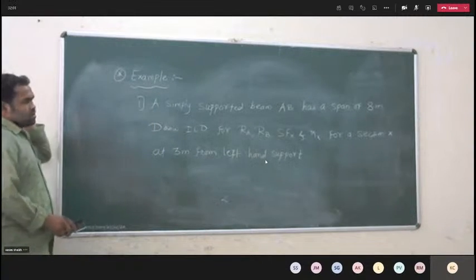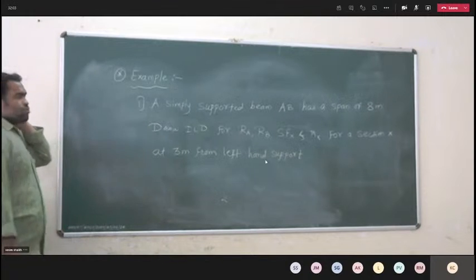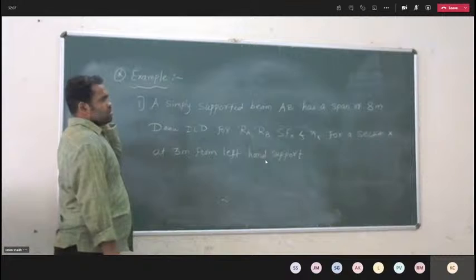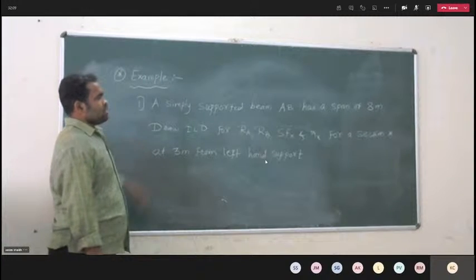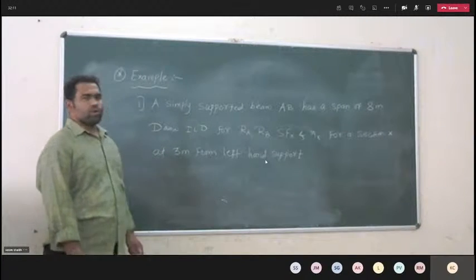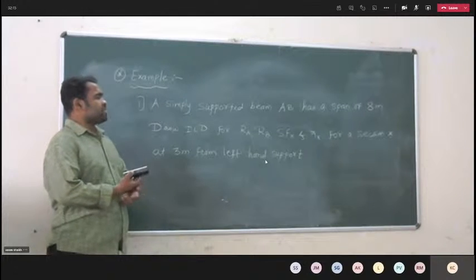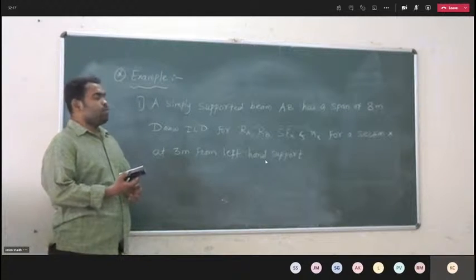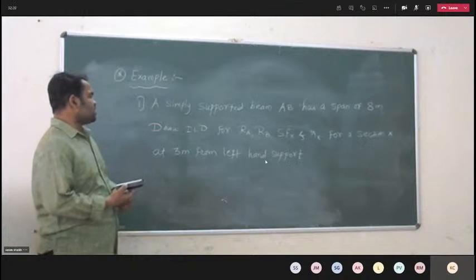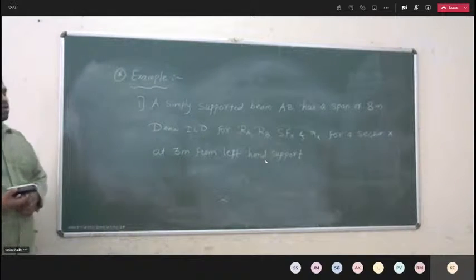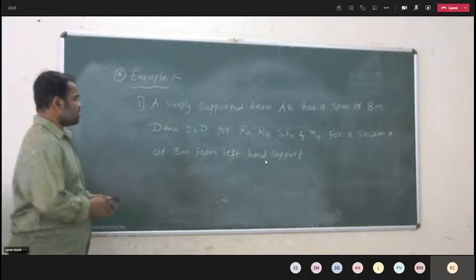Next numerical is a simply supported beam of span AB equal to 8 meters. We have to draw the ILD for RA, RB, shear force at X and moment at X for the section at 3 meters from left hand support, meaning X is equal to 3 meters, which is given, right?